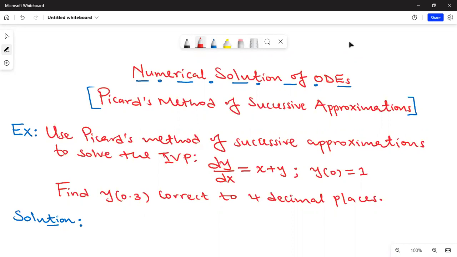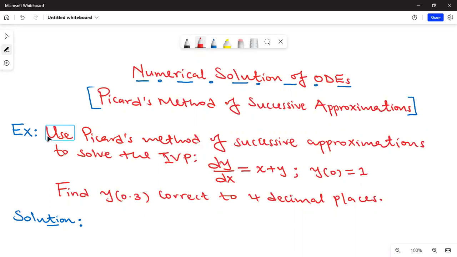Today we are going to look at numerical solution of ordinary differential equations, and in particular we are going to look at Picard's method of successive approximations. So we have this question.